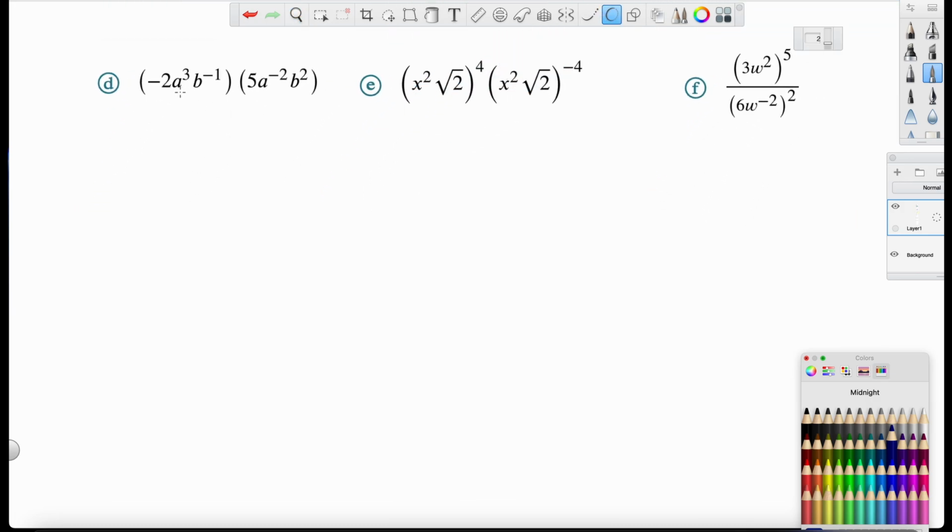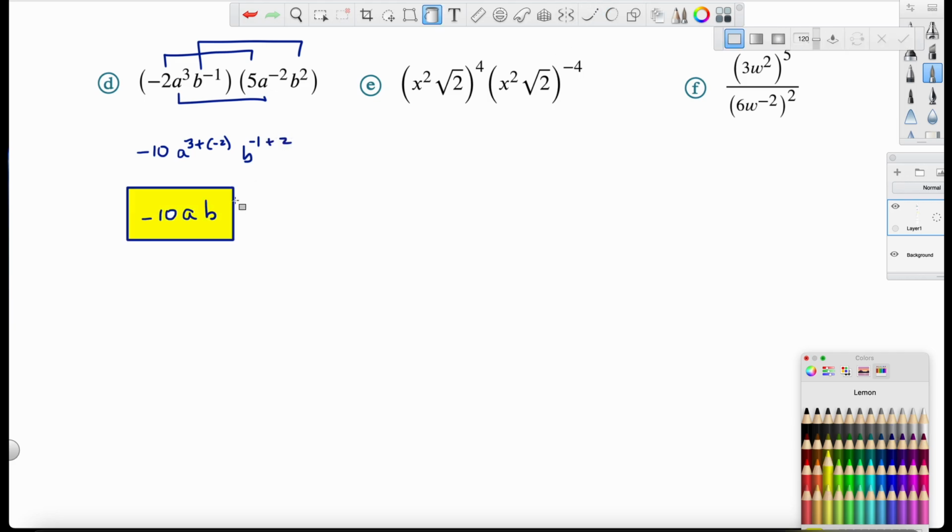Let's multiply these two expressions for d here, negative 2 times 5, and a to the third times a to the negative second, and b to the negative 1 times b to the second. Just going to use our rules here to simplify. And no negative exponents, so we'll leave it just like that.